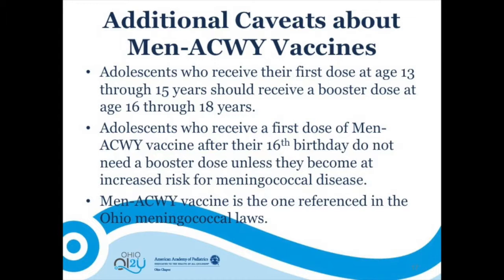Adolescents who receive a first dose of meningococcal ACWY vaccine after their 16th birthday do not need a booster dose unless they become at increased risk for meningococcal disease. And this meningococcal ACWY vaccine is the one referenced in the Ohio meningococcal laws, or meningitis laws, as some people often refer to them. Next slide.